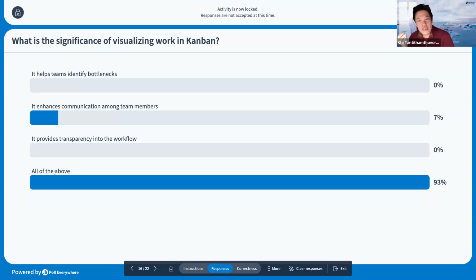What I mean is whether the card is in the backlog, to do, or done, it's about the status of the card. I'm not sure about the communication and things like that. Okay, just my opinion.